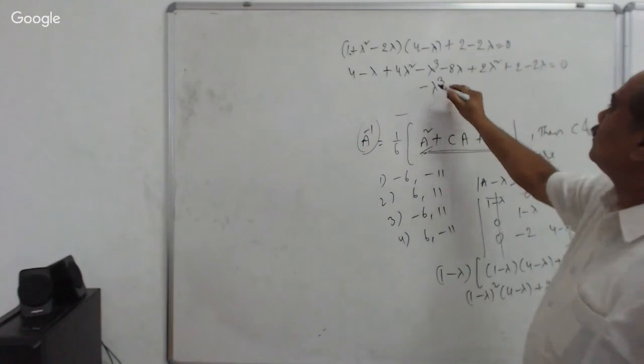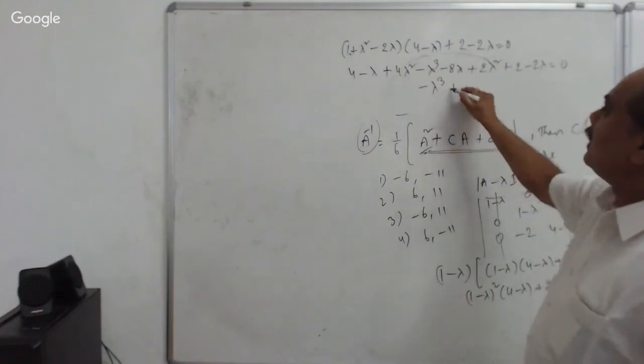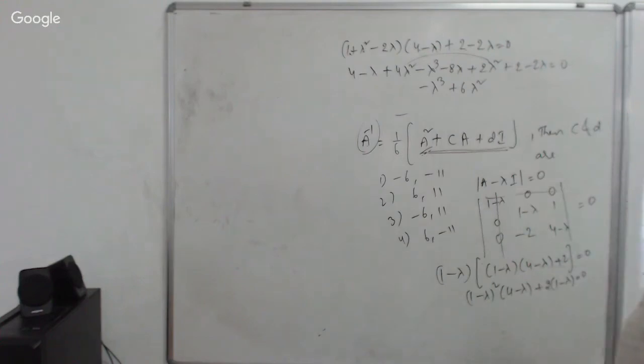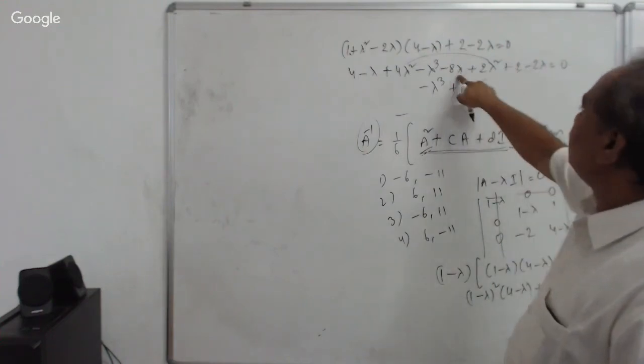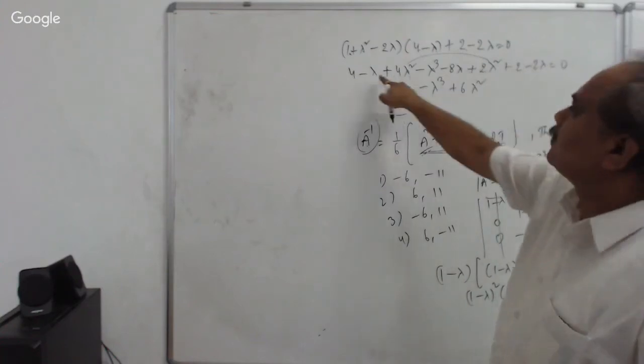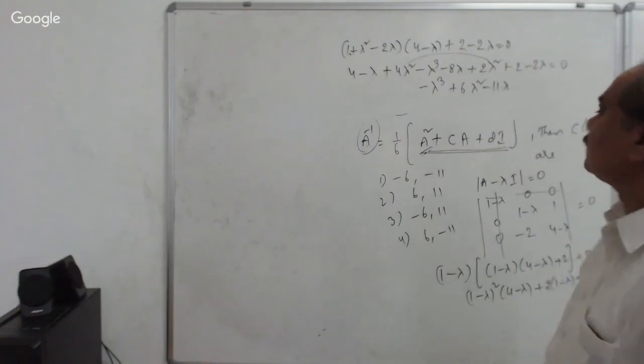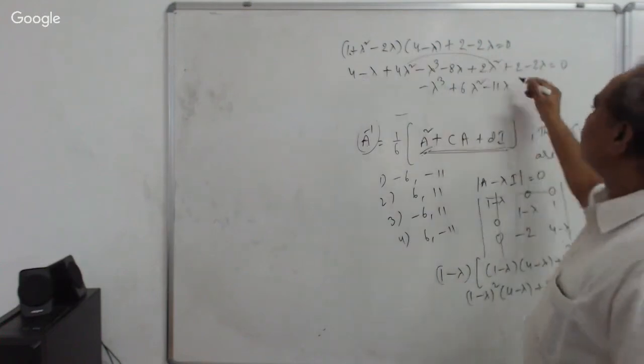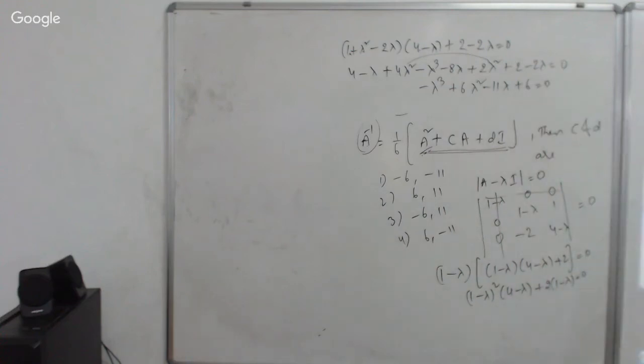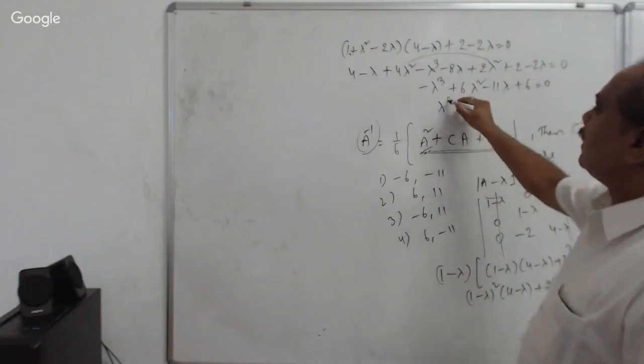That is minus lambda cube plus 6 lambda square, minus 8 lambda minus 2 lambda minus lambda, that is minus 11 lambda, plus 4 plus 2, that is 6, equal to 0. Now multiplying with the minus sign, you will get lambda cube.